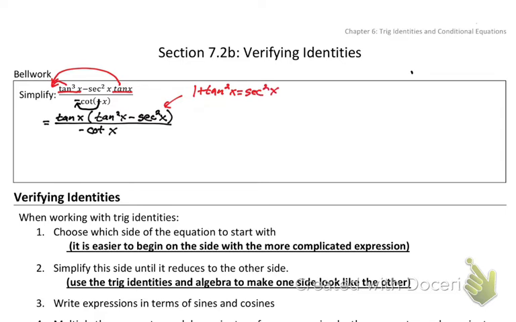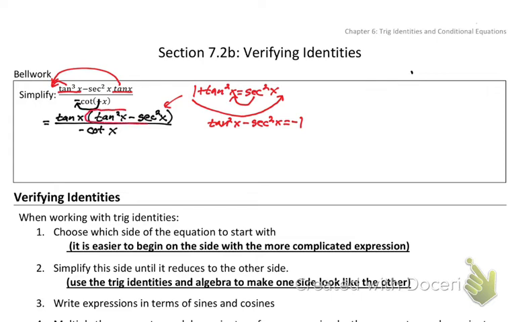I have a tangent squared and a secant squared, but I don't quite have it looking exactly like this. So I need to move this secant to this side, creating a tangent squared minus a secant squared. But that means I would need to put the 1 on the other side as well. So they basically have to switch places, which is then going to leave me with tangent squared x minus secant squared x equals a negative 1.